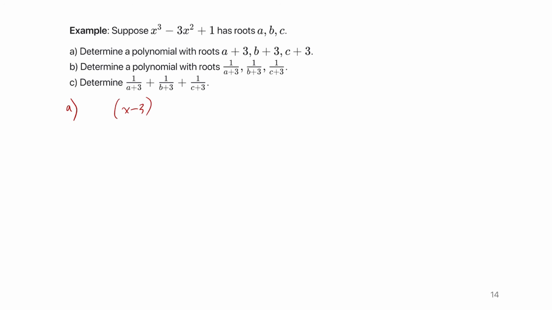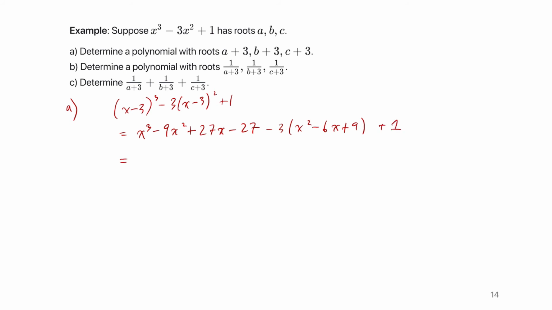So now we look at (x minus 3) cubed minus 3(x minus 3) squared plus 1 is 0. Okay, well, we're really looking at the polynomial on its own. So now we just simplify all of this. Okay? You just have to remember this. x cubed minus 9x squared plus 27x minus 27, minus 3x squared minus 6x plus 9, plus 1.